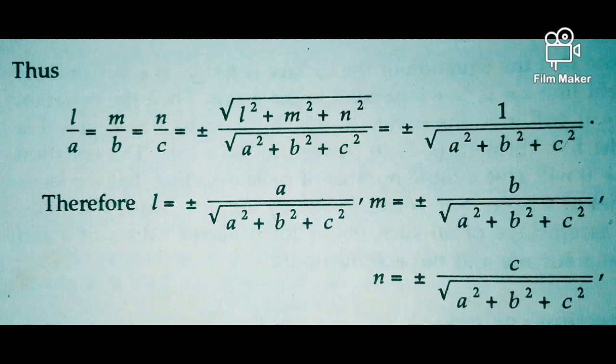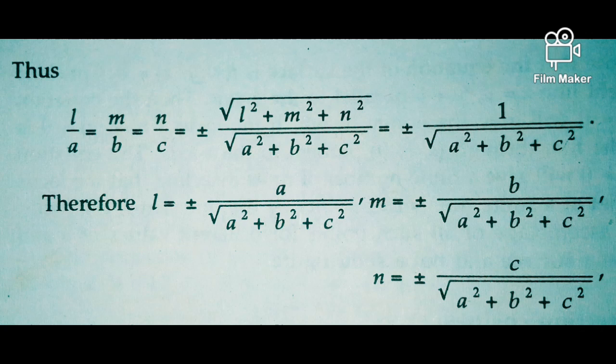Next, direction ratios. Any three numbers a, b, c, which are proportional to the direction cosines L, M, N respectively of a given straight line are called the direction ratios or direction numbers of the given line.